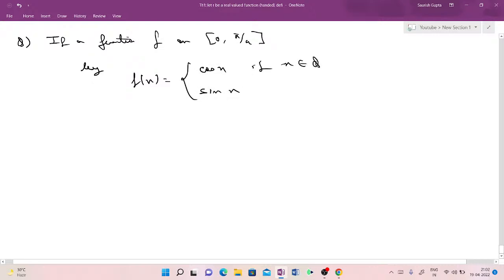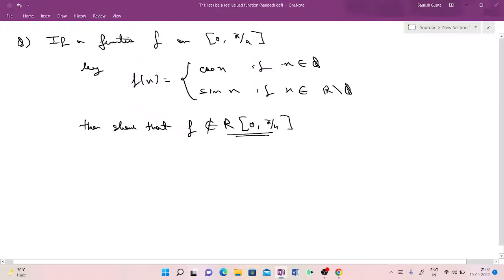If x is rational, it comes out to be a cos function, and if x is not rational, it comes out to be a sine function. Then show that f is not Riemann integrable. The symbol R indicates Riemann integrable in this given interval. So f is not Riemann integrable in this interval 0 to pi upon 4.